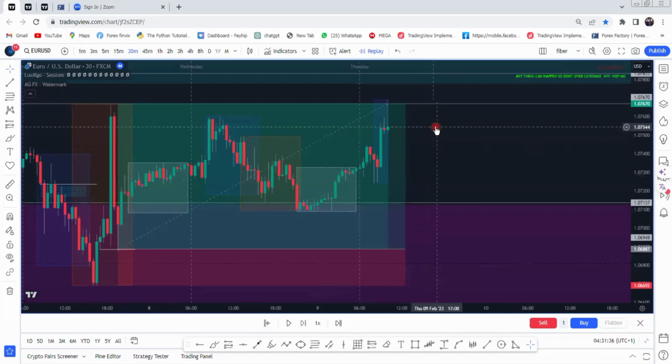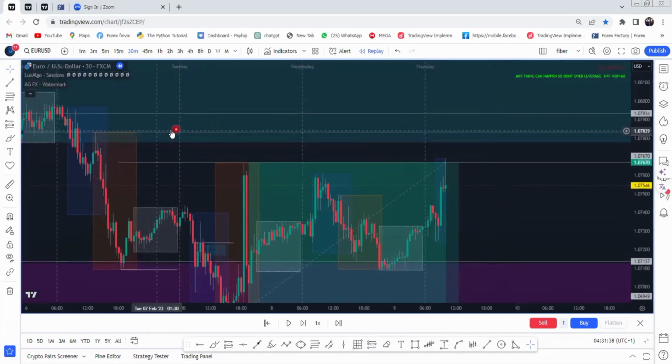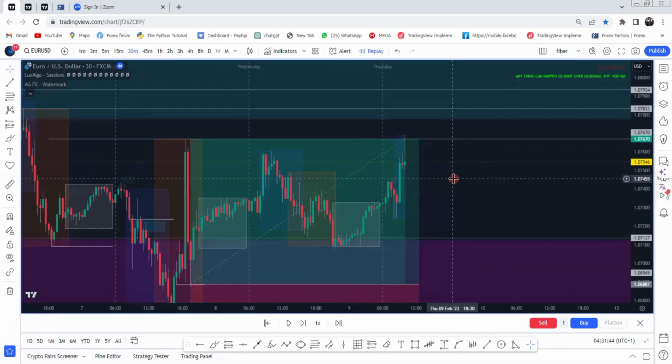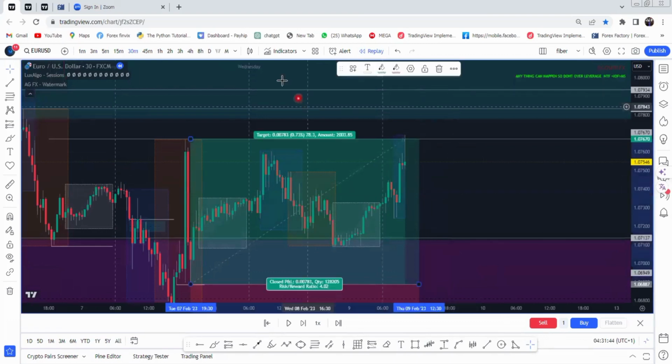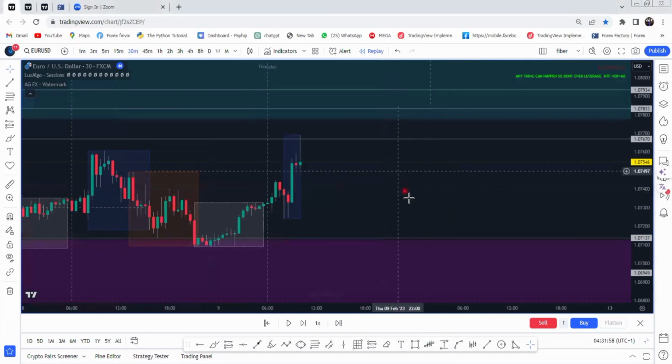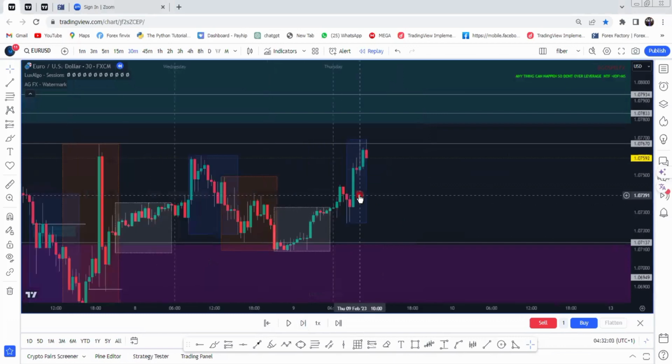So we have 4.3, and price has not actually filled the volume gap here yet, but so let's move. Let's see what happens.